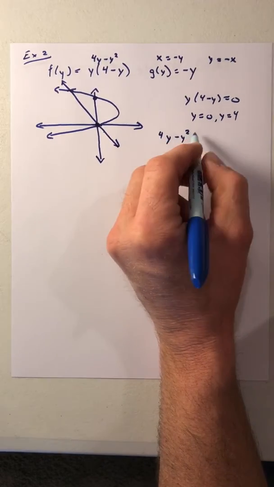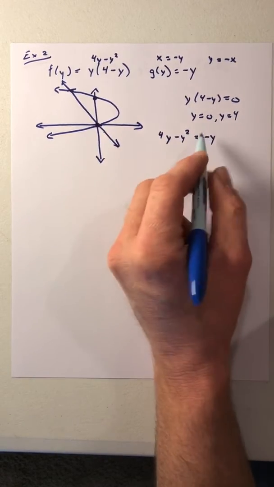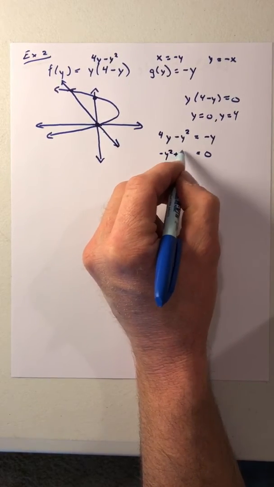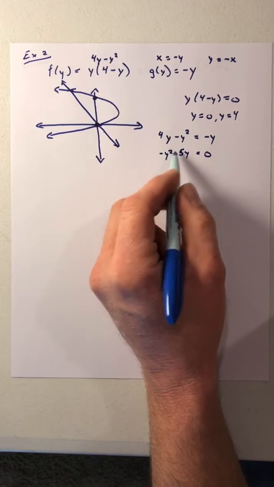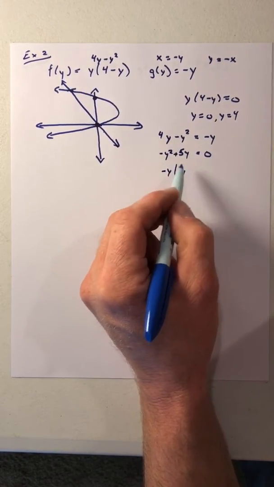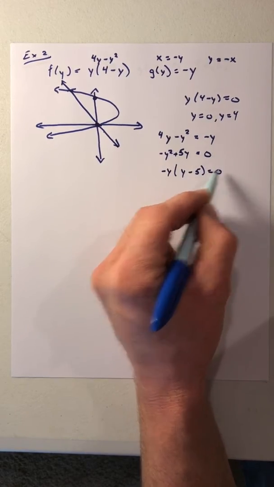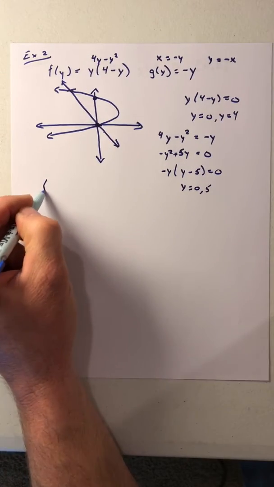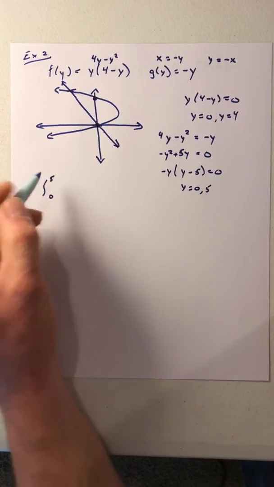So 4y minus y squared equals negative y. Setting equal to 0, I get negative y squared plus 5y. Solving that, we can factor out a negative y if you want. So we get y minus 5 equal to 0, so y equals 0 and 5. So I'm integrating from 0 to 5.